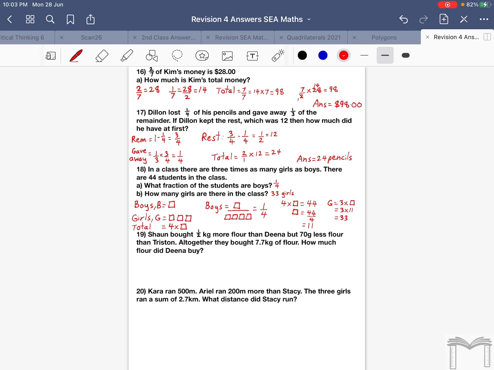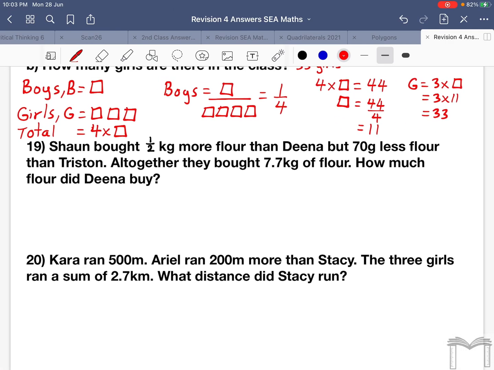So I will work it in terms of kilograms, everything in kilograms, seeing that most of the numbers are already in kilograms. So let's try to figure out who got the least amount. So Sean got more than Dina, and Tristan got more than Sean.